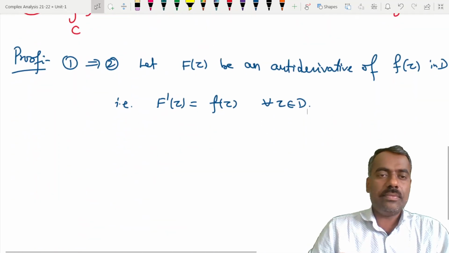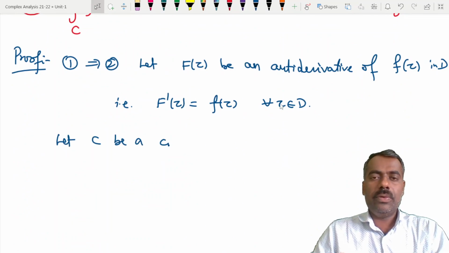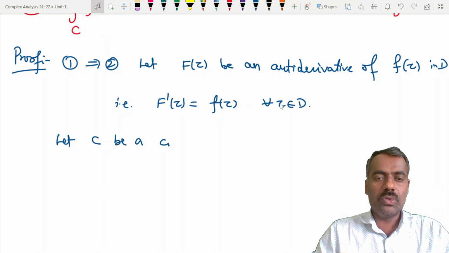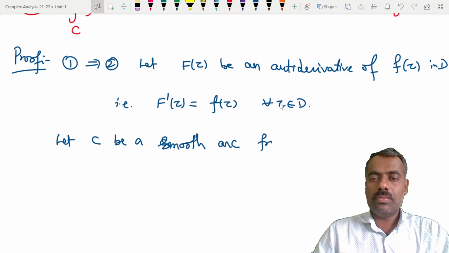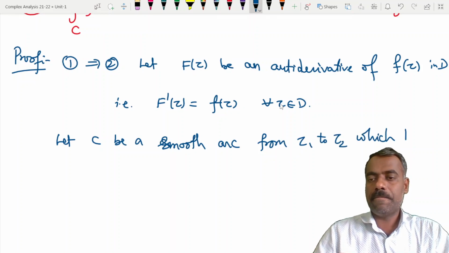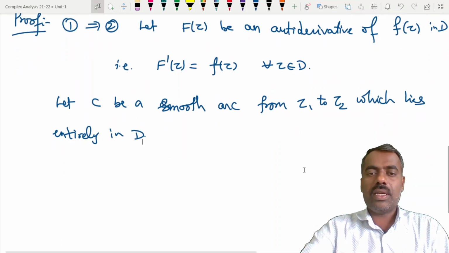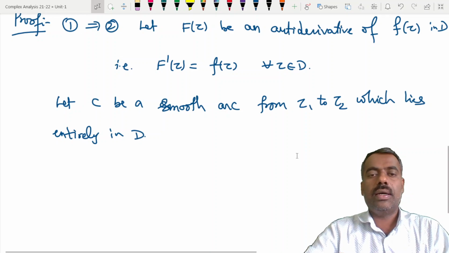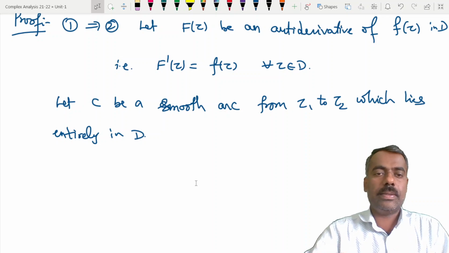Let's see here. We can start with a contour, or first we can take a smooth curve. Let's take a smooth arc from z1 to z2 which lies entirely in D. First we take a smooth curve, then we can extend this to any contour, because a contour is a finite combination of smooth arcs.